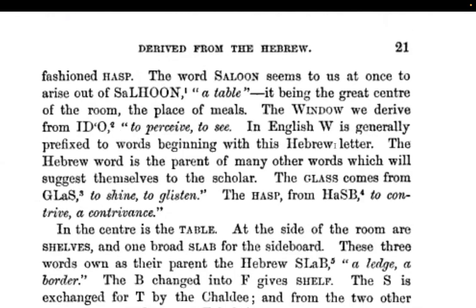It says in English, W is generally prefixed to words beginning with this Hebrew letter. The Hebrew word is the parent of many other words which will suggest themselves to the scholar. The glass comes from galas, to shine, to glisten. The hasp from hasb, to contrive, a contrivance.